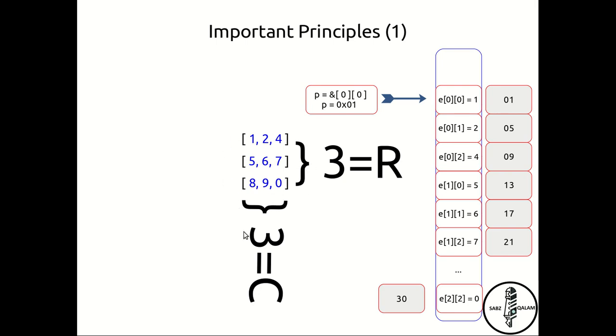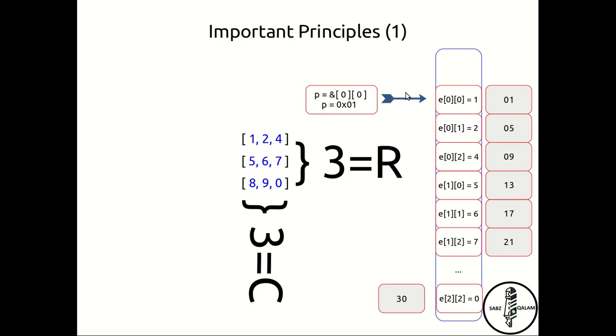There are 3 rows and 3 columns, and the address of the first location, which is the 0th row and 0th column, is known. Remember, arrays start from index 0. So we have 3 constants: number of rows, number of columns, and the location of the first element.